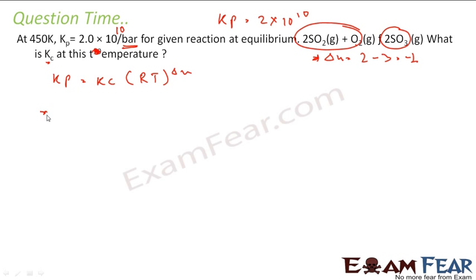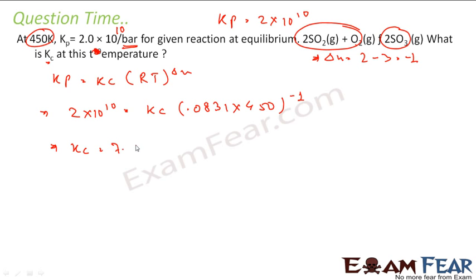Let's put the values. Kp, 2 into 10 to the power 10, is equal to Kc into R, that is 0.0831. Temperature is 450 Kelvin. To the power delta n, that is minus 1. You solve this, you get Kc as 7.48 into 10 to the power 11. Now the unit.